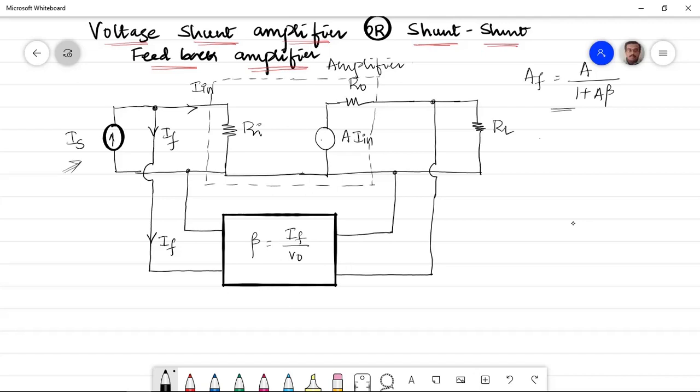Let me find the input impedance. How will I find the input impedance of it? It is indicated as RIF. So the input impedance RIF is defined as what? RIF is nothing but Vn divided by Is.